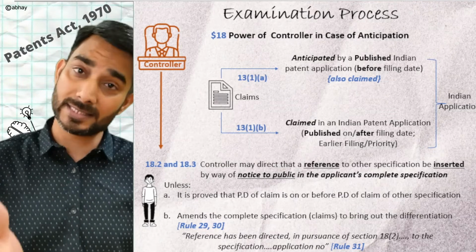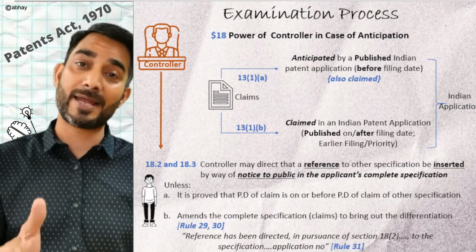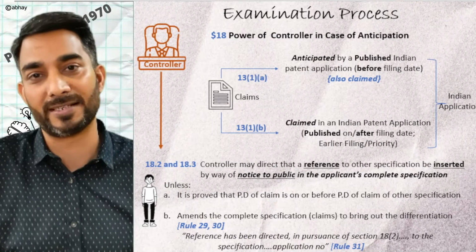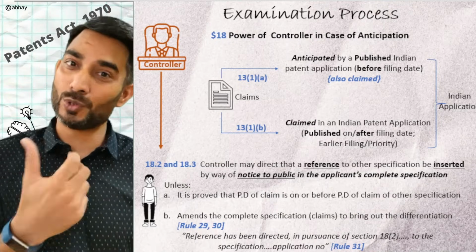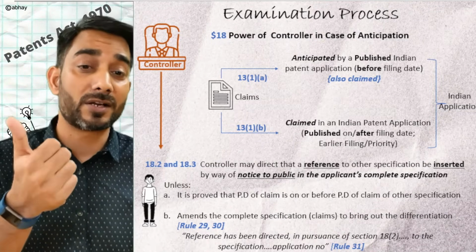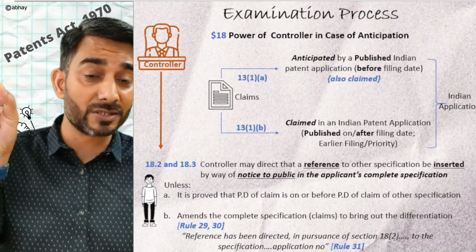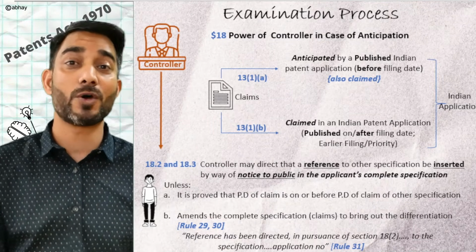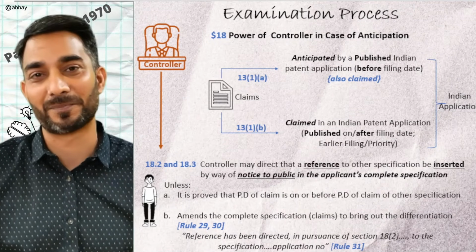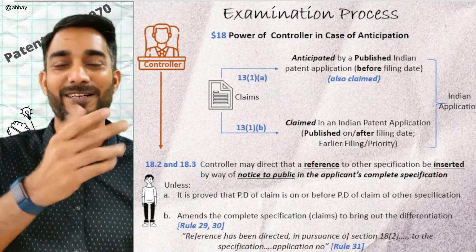And there could be another case where it was claimed in the specification which were published before my filing date. In those cases, the controller may direct that a reference to other specification be inserted by way of notice of public in your specification, right above the claims.